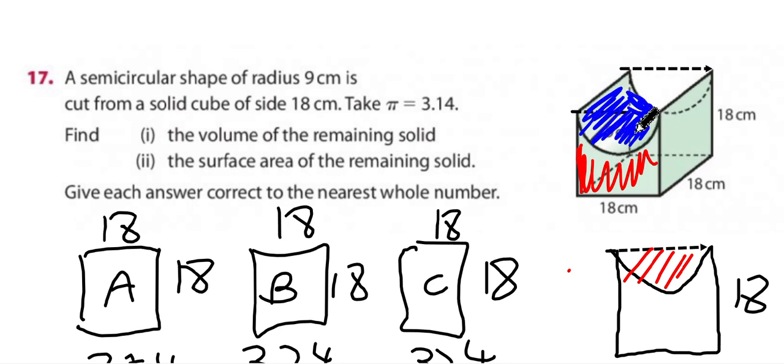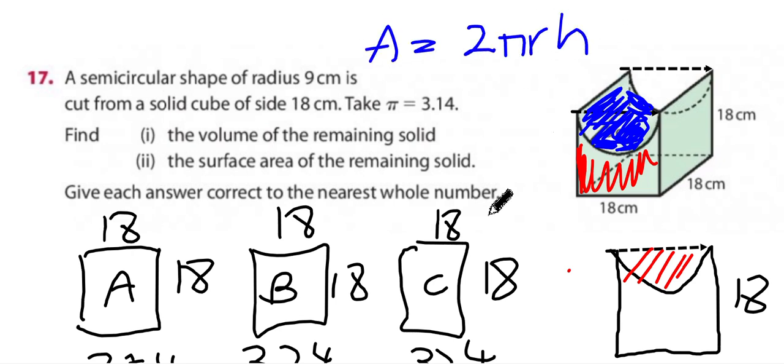Everybody see it? Now this blue region is half a cylinder. So a full cylinder is 2 pi r h. However, half a cylinder would be to divide that answer by 2. And then 2 divided by 2 is just pi r h, isn't it? So, somebody do pi r h for me. Pi times 9 times 18.